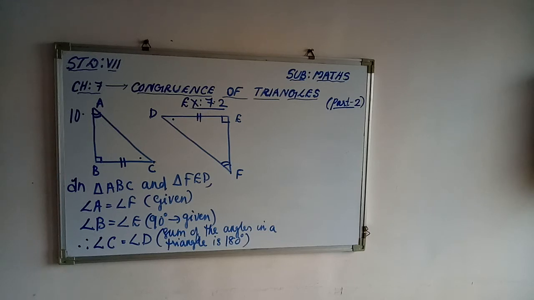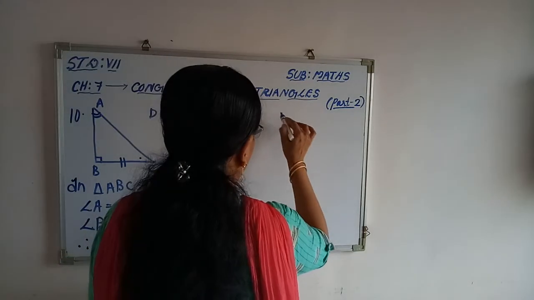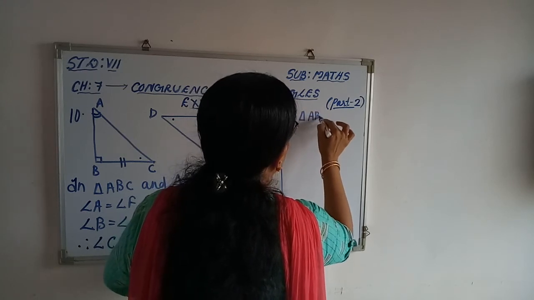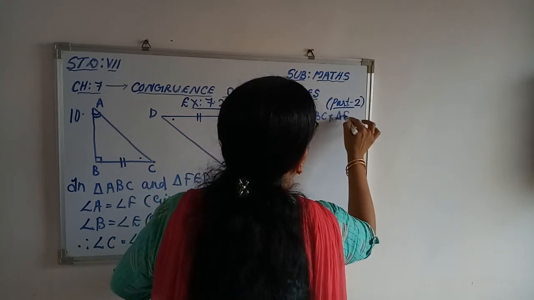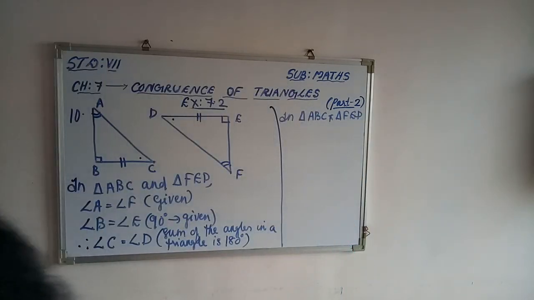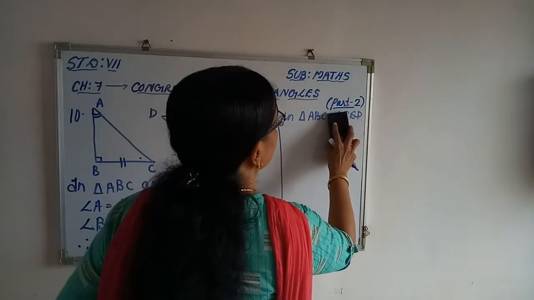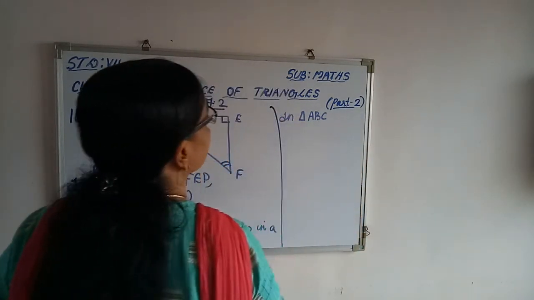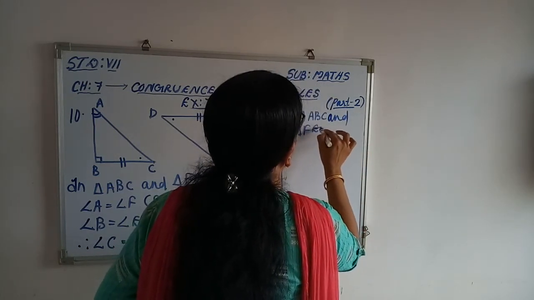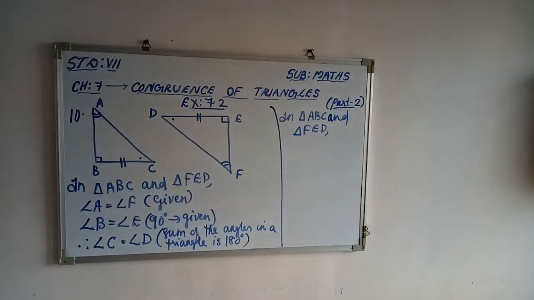Now you see, again take the triangle ABC and FED. In triangle ABC and triangle FED, angle B is equal to angle E, isn't it? It is already given.